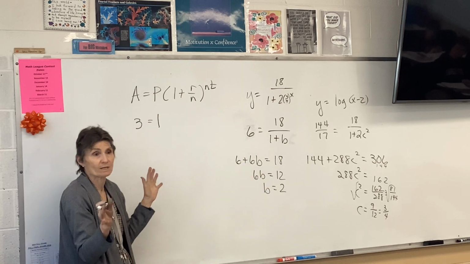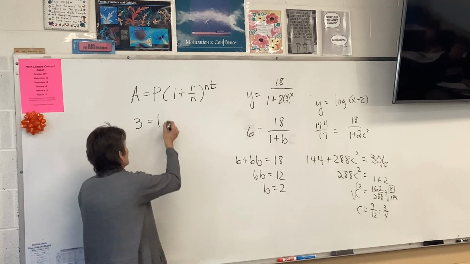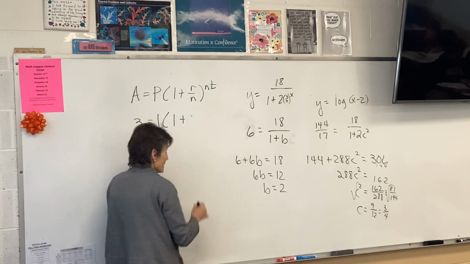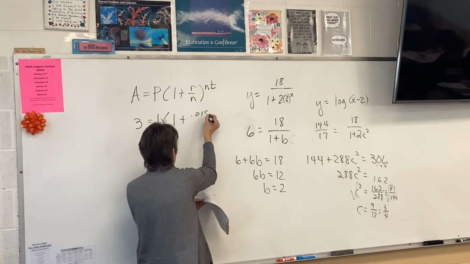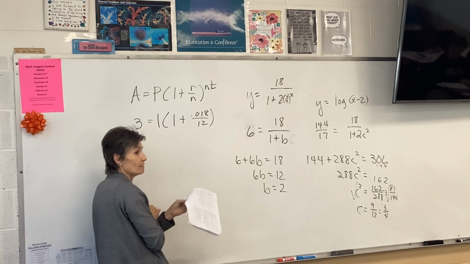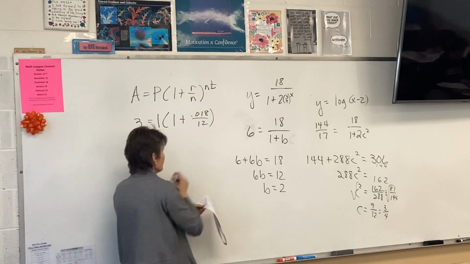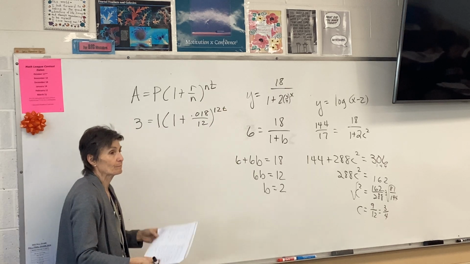Pick a number, end up with 3 times it. 1 plus my interest rate, 0.018. Compounded monthly means divided by 12. And I want to know how many years it's going to take.